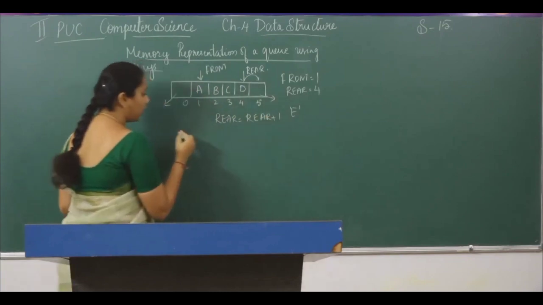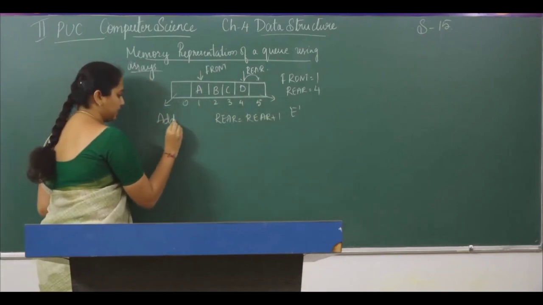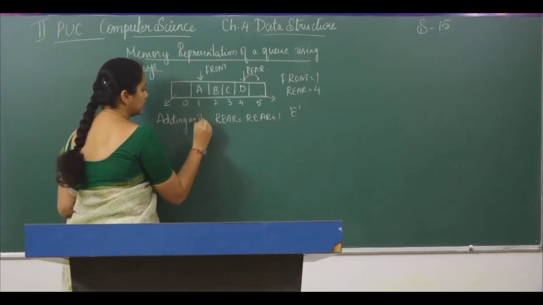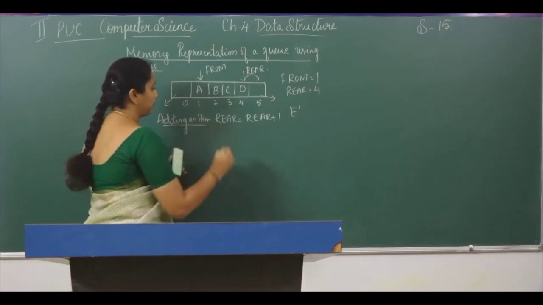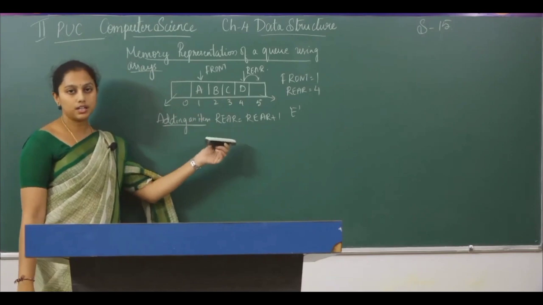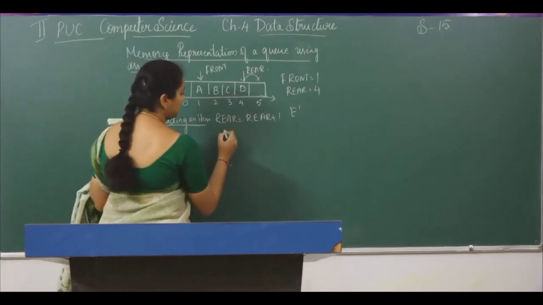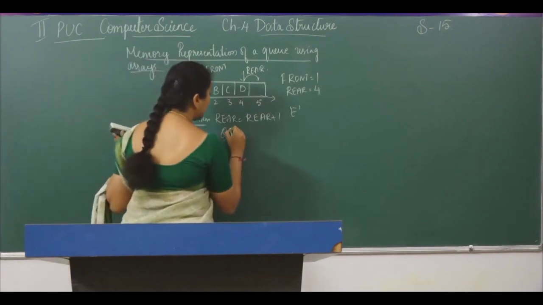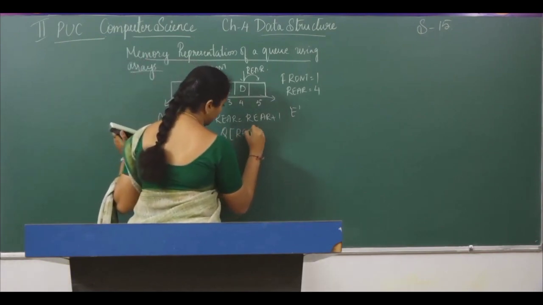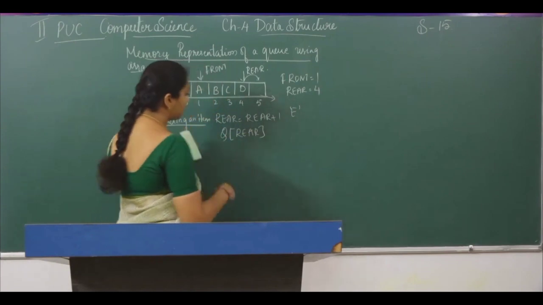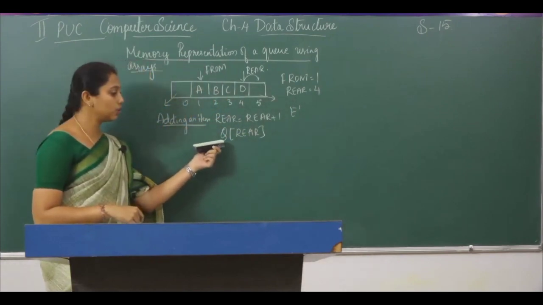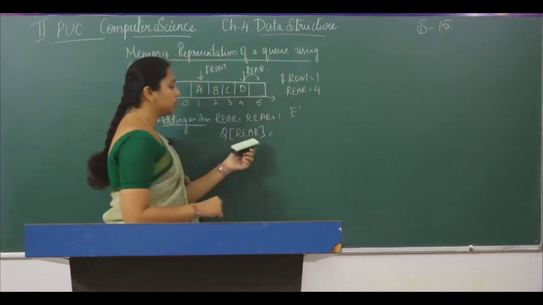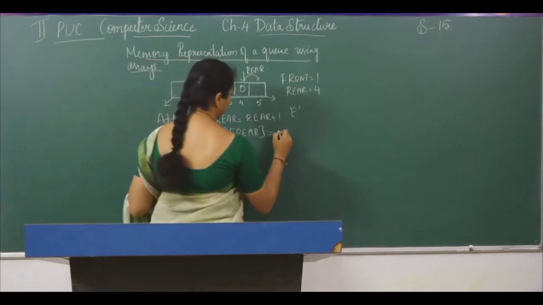So this is for adding an item into the queue. We have to increment the rear pointer. Then we have to insert an item at the rear of the queue. Here the queue is a linear array. We are inserting an item at the rear of the queue.